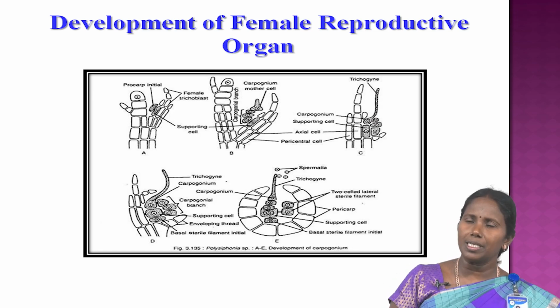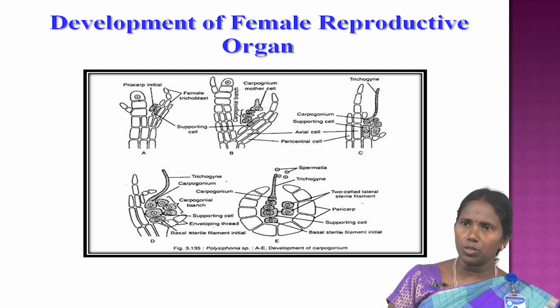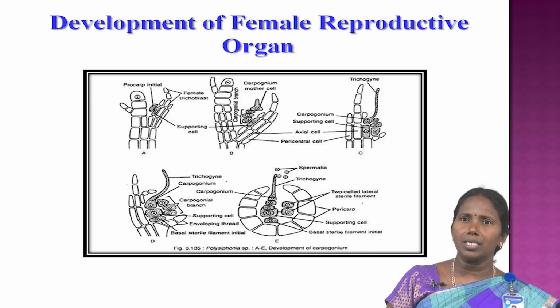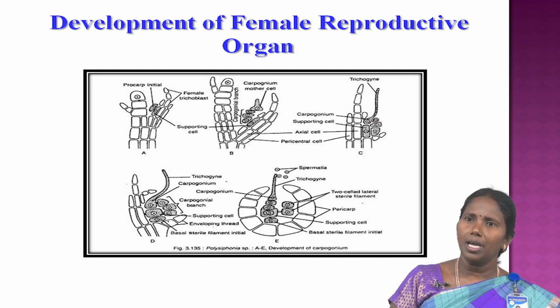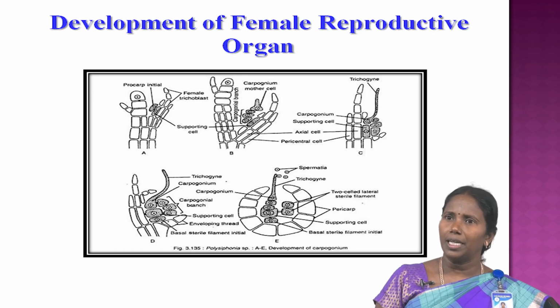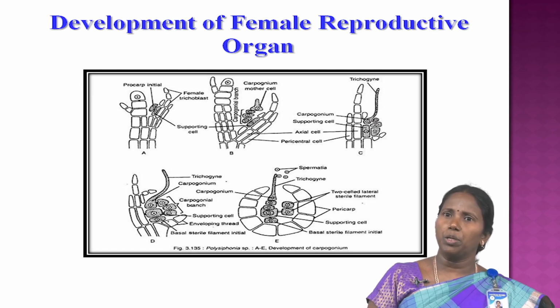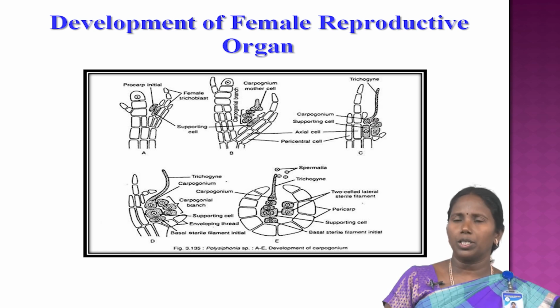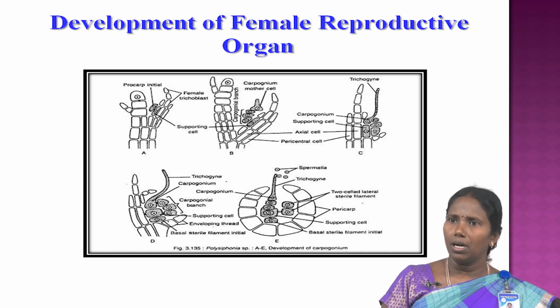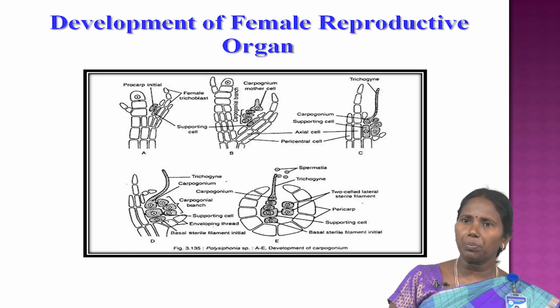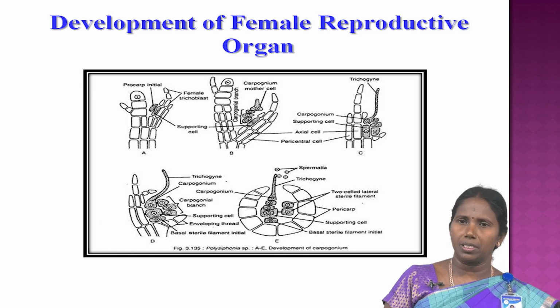Any one of the pericentral cells in the many tiers towards the mother axis becomes the supporting cell. The supporting cell cuts off a small initial outside, and the procarp initial undergoes repeated division and forms 4 celled branches. These are the carpogonial filaments.